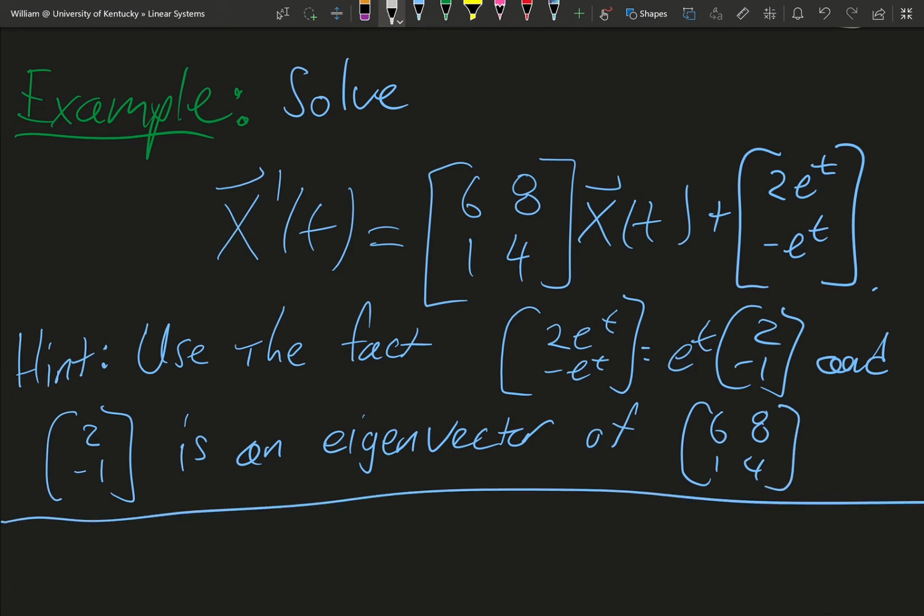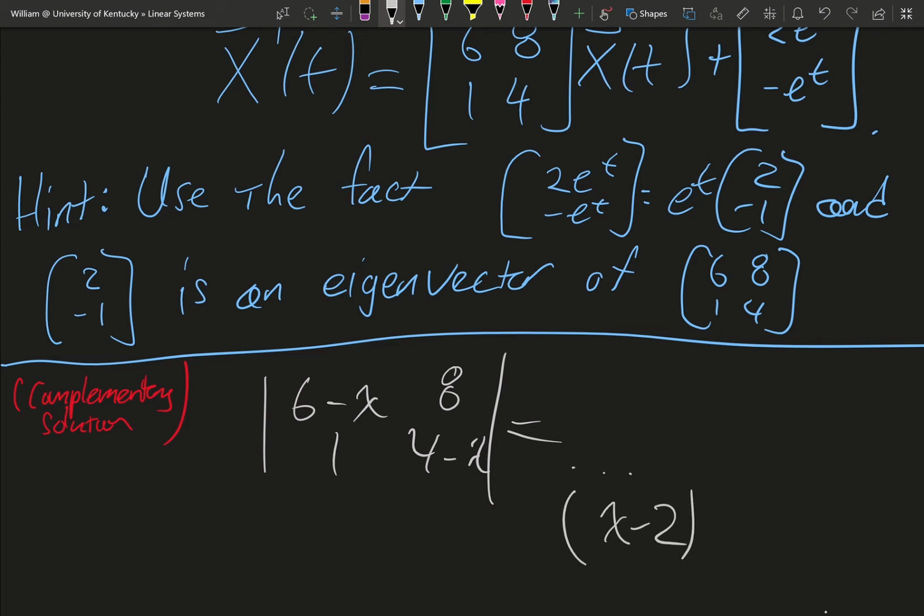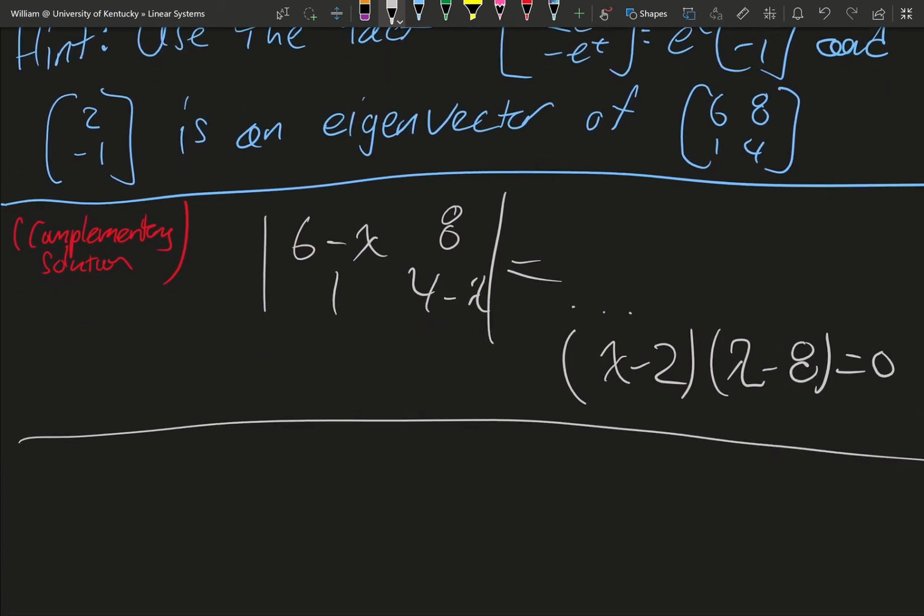All right, so just like the general case, we're going to go ahead and find the complementary solution first. And I'm going to skip some of the details here. So remember, we find our characteristic polynomial, which we should be able to factor as lambda minus 2 and lambda minus 8 equals 0. We find then our two eigenvectors.